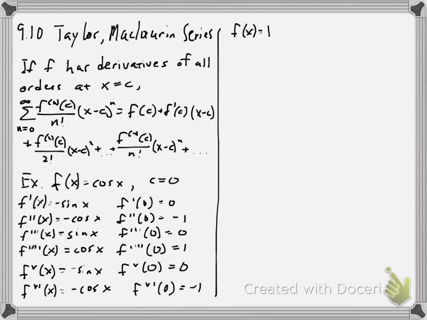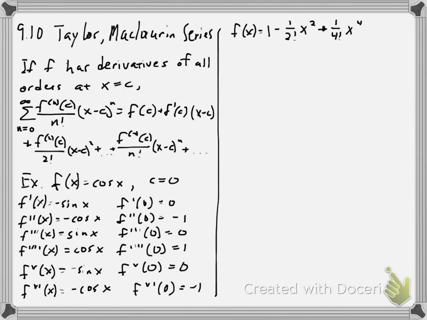F prime is 0, so there's no second term here, but there is an x squared term, and that x squared term is minus 1 divided by 2 factorial times x squared. There's no x cubed term because the third derivative evaluates to be 0. The fourth term is positive 1 divided by 4 factorial x to the 4.